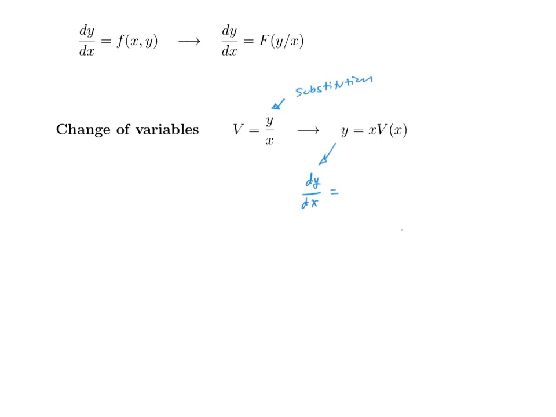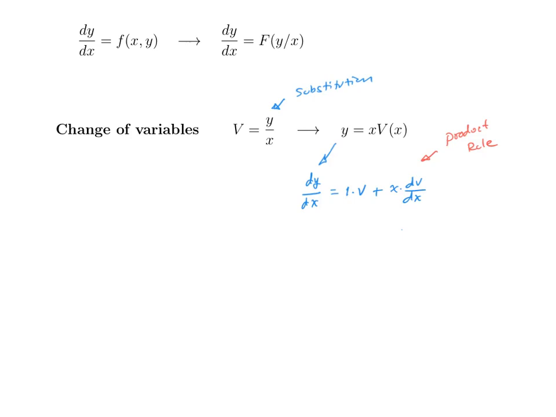Then here we're going to use the product rule. This will be the derivative of x, which is 1, times v, plus x times dv dx. Again, this is just the product rule from calculus.